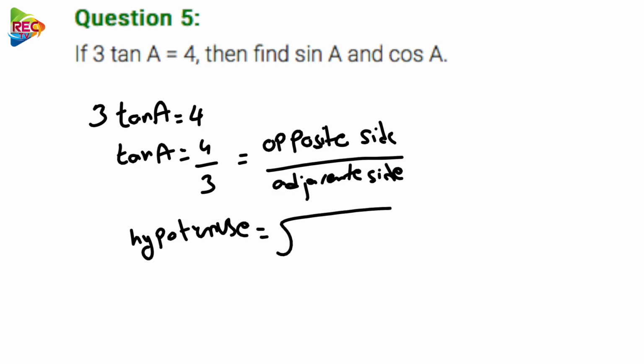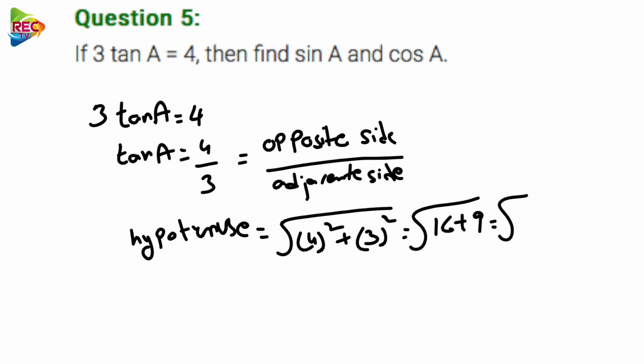Square root of 4 square plus 3 square, that equals square root of 16 plus 9, that equals square root of 25, that equals 5 units. So you know the values of opposite side, adjacent side and hypotenuse. Here opposite side equals 4, adjacent side equals 3 and hypotenuse equals 5.